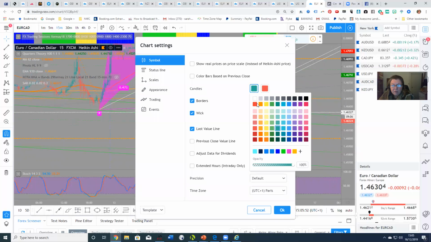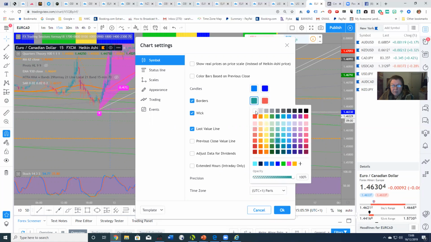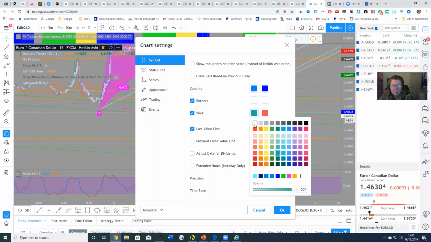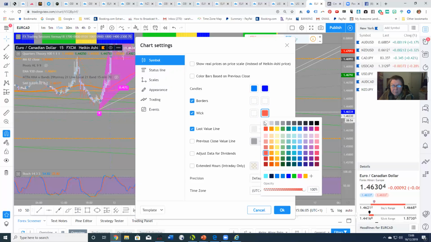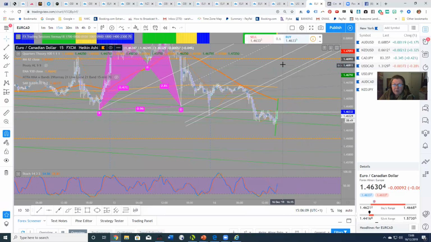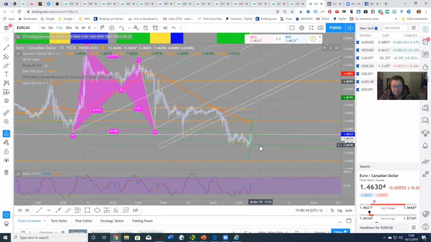Let me just change this. I'll have a look at GBP JPY as well. Right, 15 minute. We've got it still wanting to come up.